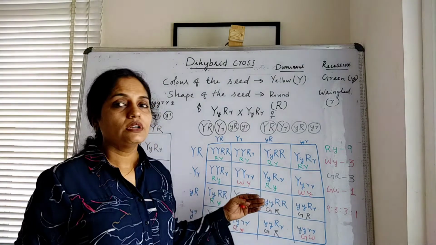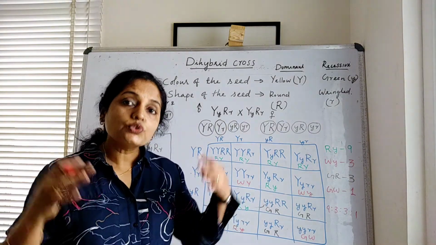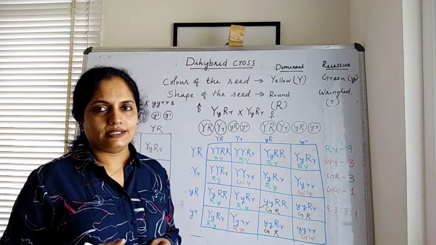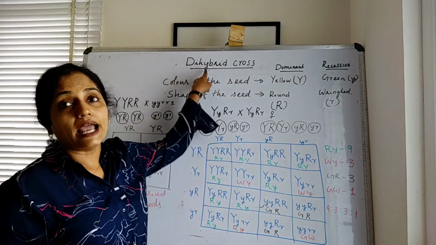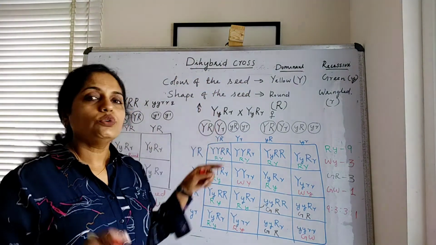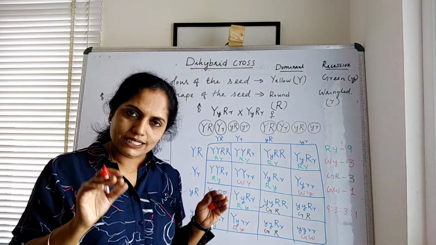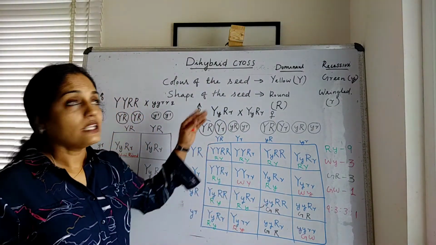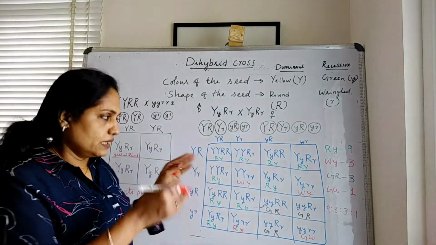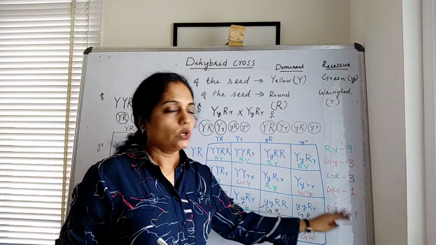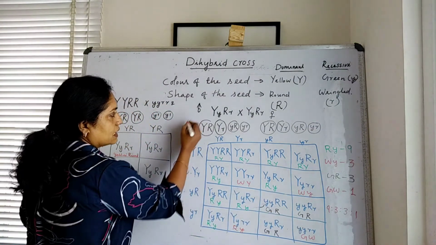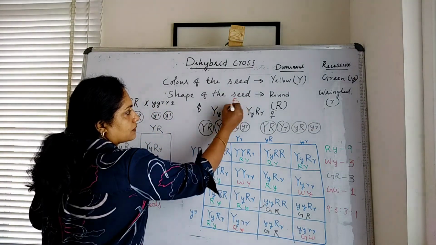In the case of dihybrid cross, when he took 2 pairs of contrasting characters, he got 9:3:3:1 ratio in the case of F2 generation. This is F2 generation.